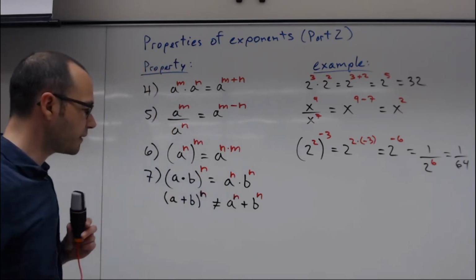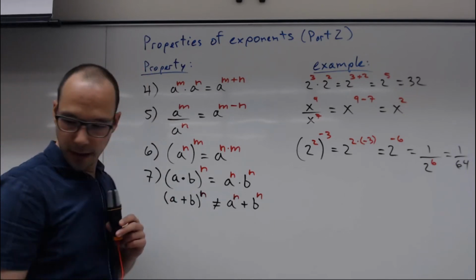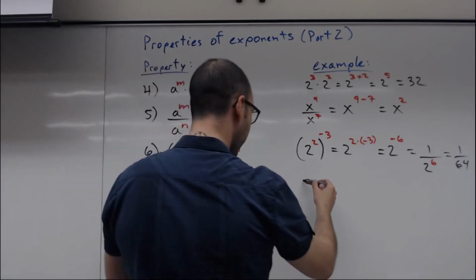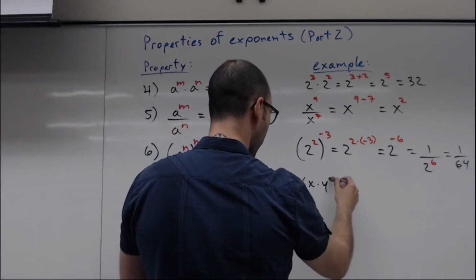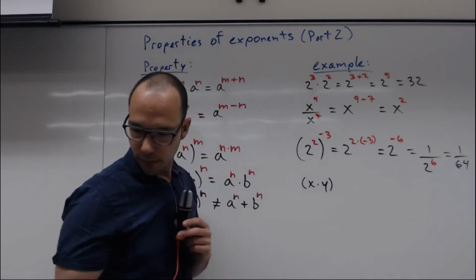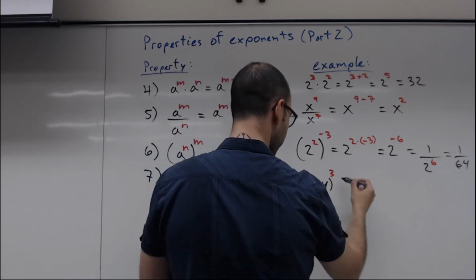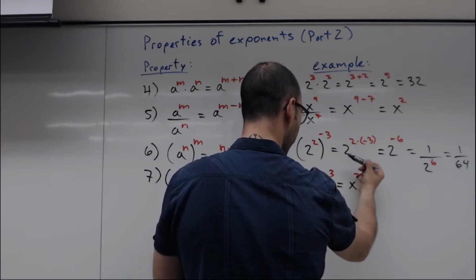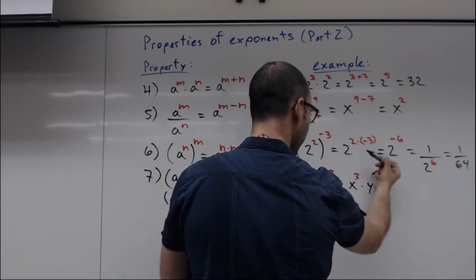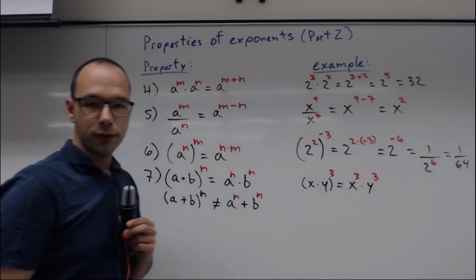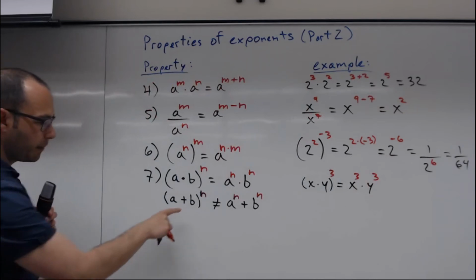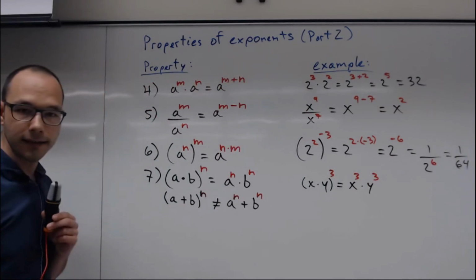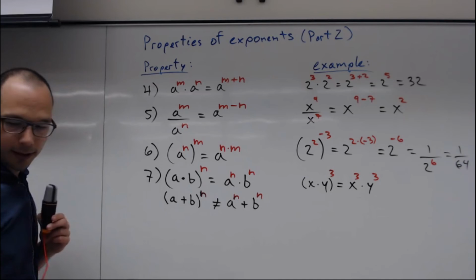Minus also is not going to work with this. Here's an example with x multiplied by y to the power of 3. It's going to be x to the power of 3 multiplied by y to the power of 3. So be very careful with the plus sign inside a bracket to the power of n.